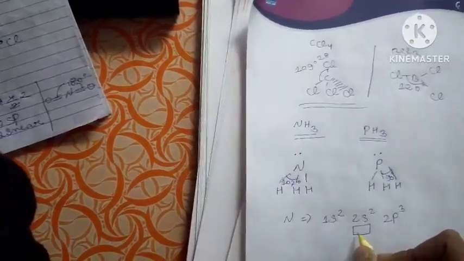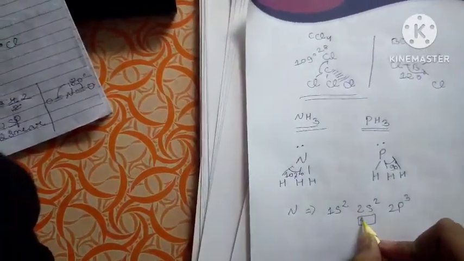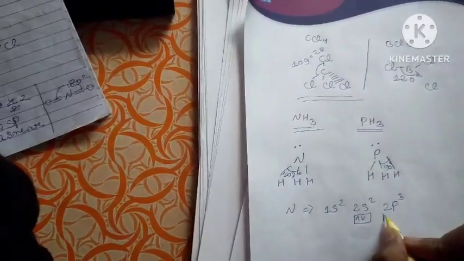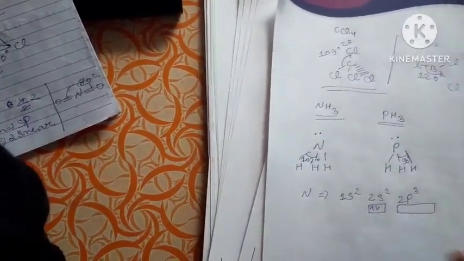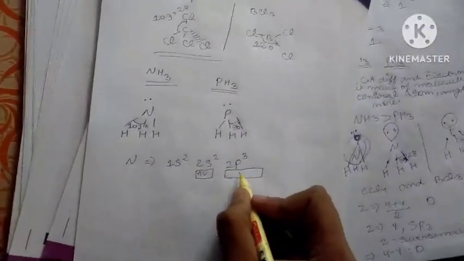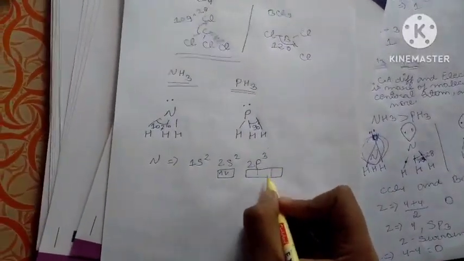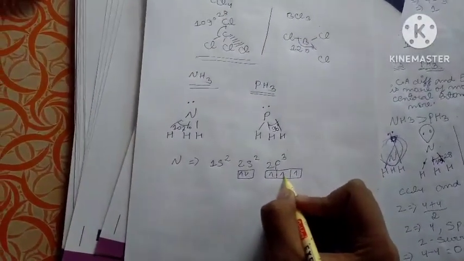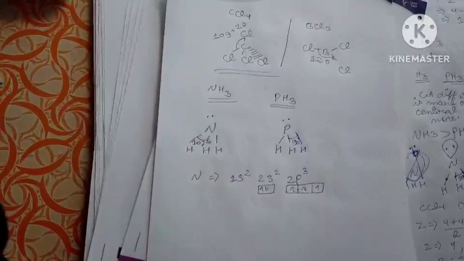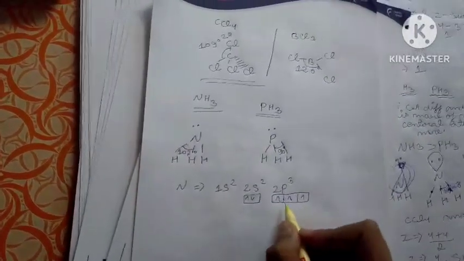According to Hund's rule, the electron filling will be like this, right? So in the p subshell, 3 electrons are present.